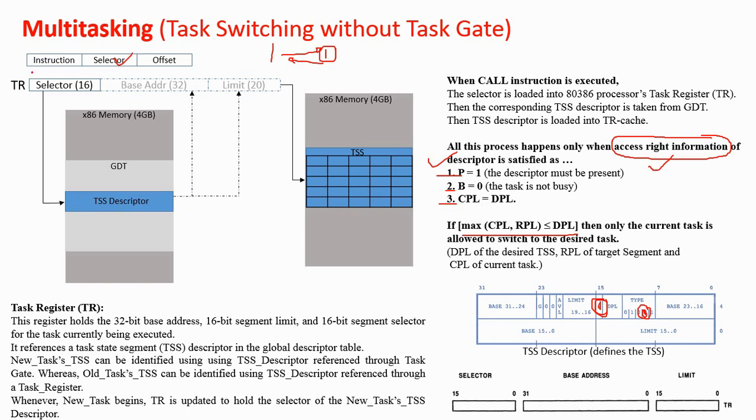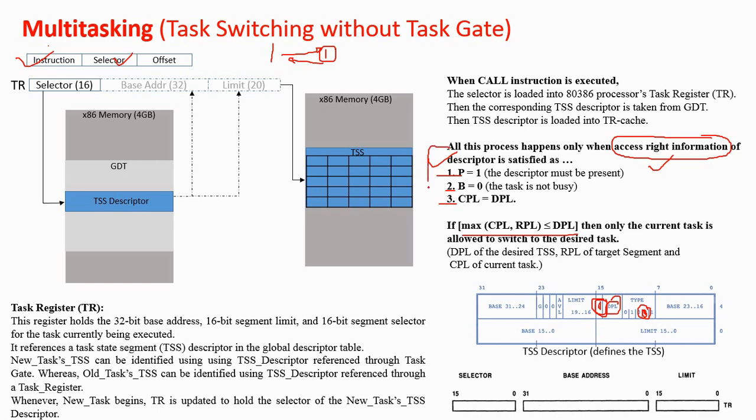It means that for this particular instruction which is getting executed in the data segment, the privilege level associated with the data segment, that is CPL, must be equal to the DPL field, means this one.